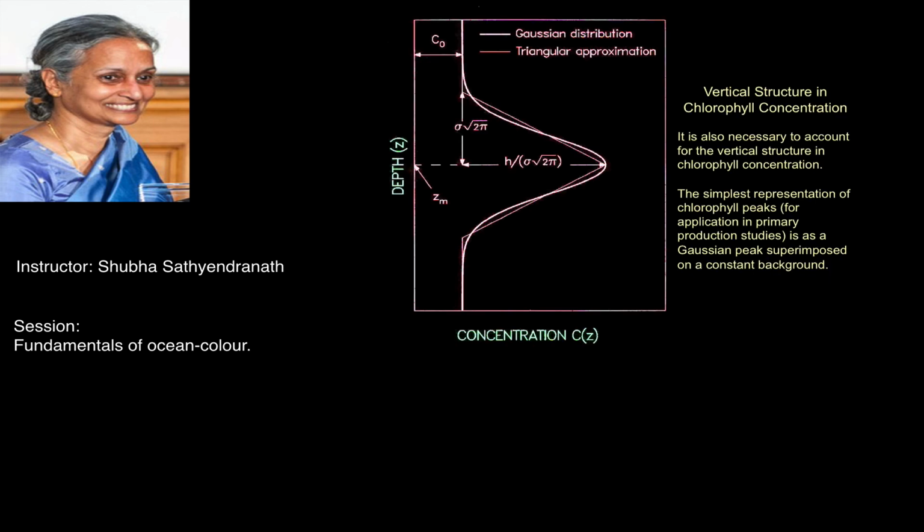Okay, so the other thing you have to consider is whether your model will be vertically homogeneous or you assign some structure to the chlorophyll as a function of depth.